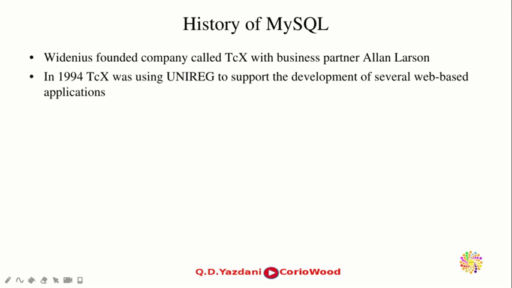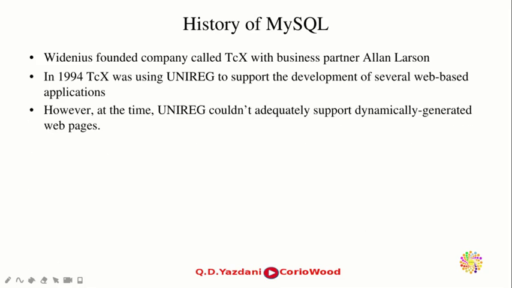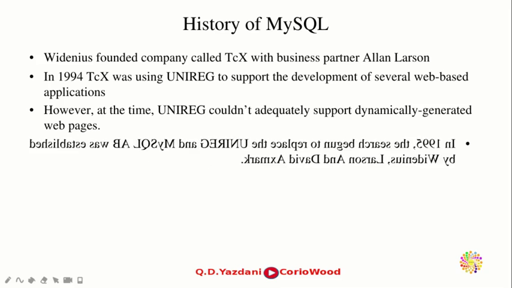In 1994, TCX was using Unireg to support the development of several web-based applications. If you note here, Unireg is also a database system that is very similar to MySQL. However, at the time, Unireg couldn't adequately support dynamically generated web pages, and this was around 1994.